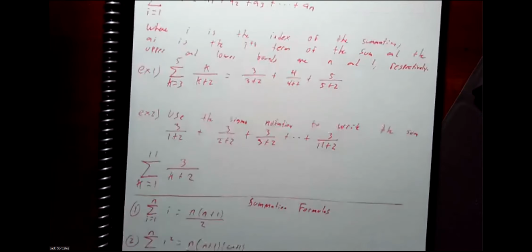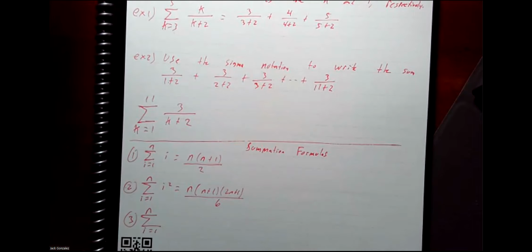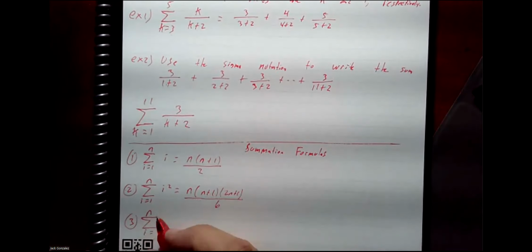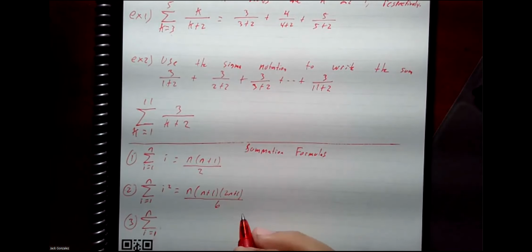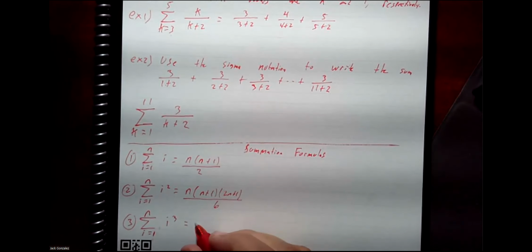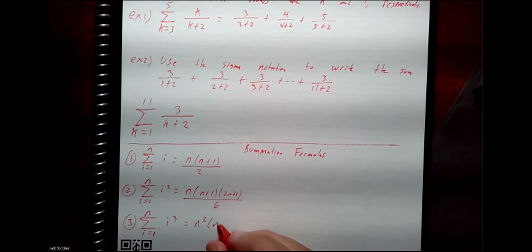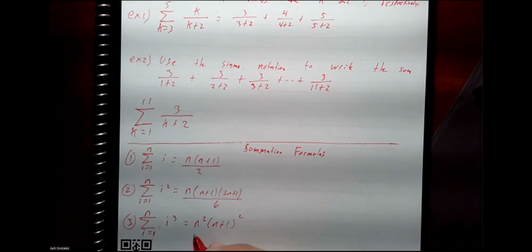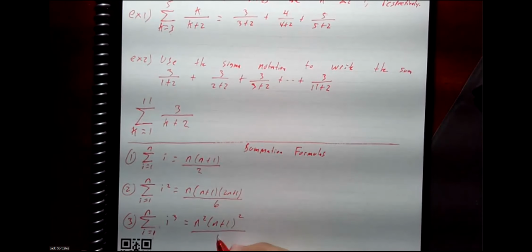If you have the same i from 1 to n of i cubed, you get this formula: n squared times n plus 1 squared over 4.